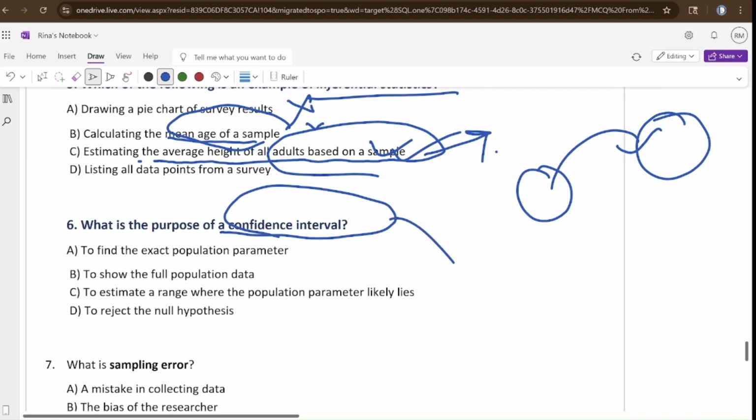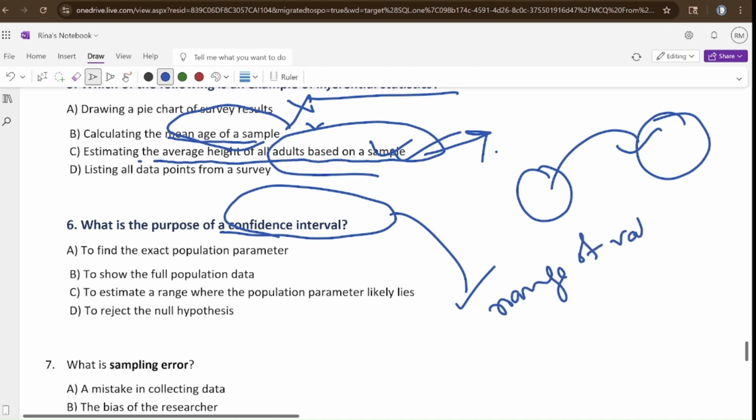From confidence interval we will do many MCQ, but for now just understand that confidence interval is a range of values that is used to estimate an unknown population parameter. It tells like 95% confident that the true value lies in a particular range, maybe from 10 to 20.